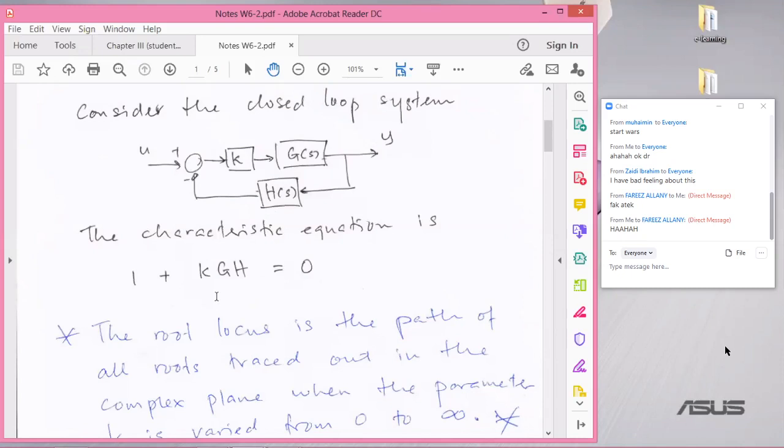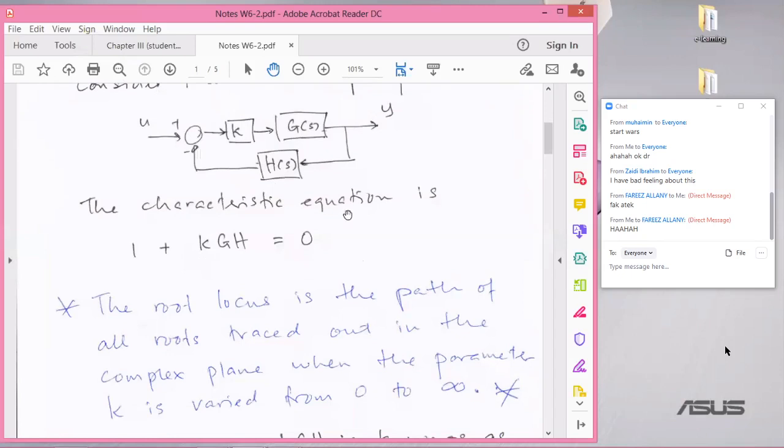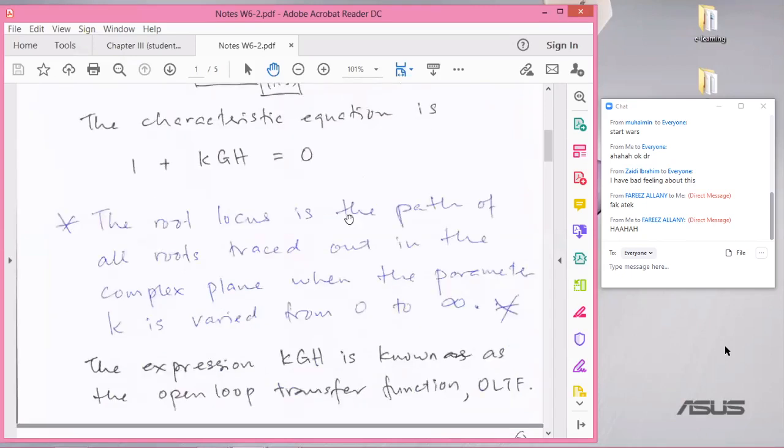You need to distinguish between the overall transfer function and the open loop transfer function. KGH on its own is known as the open loop transfer function. The root locus, written in blue here, is the path taken by all roots when they are traced out in the complex plane when the parameter k is varied from 0 to infinity.